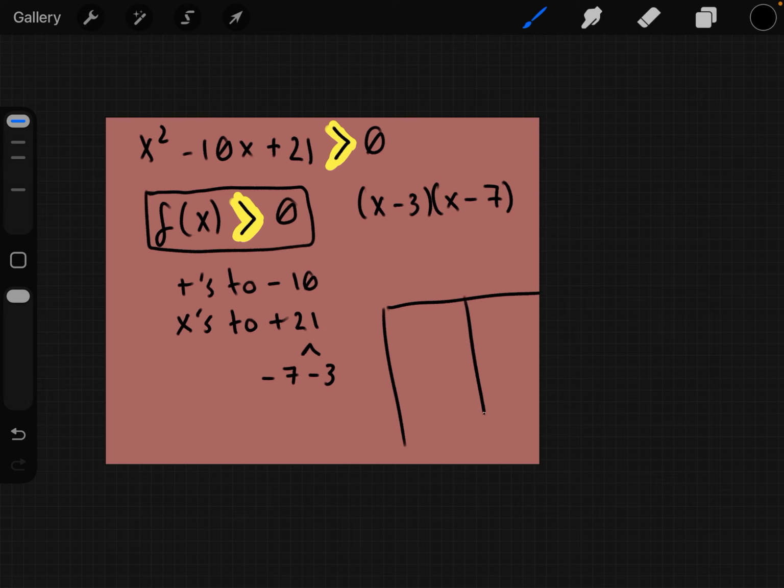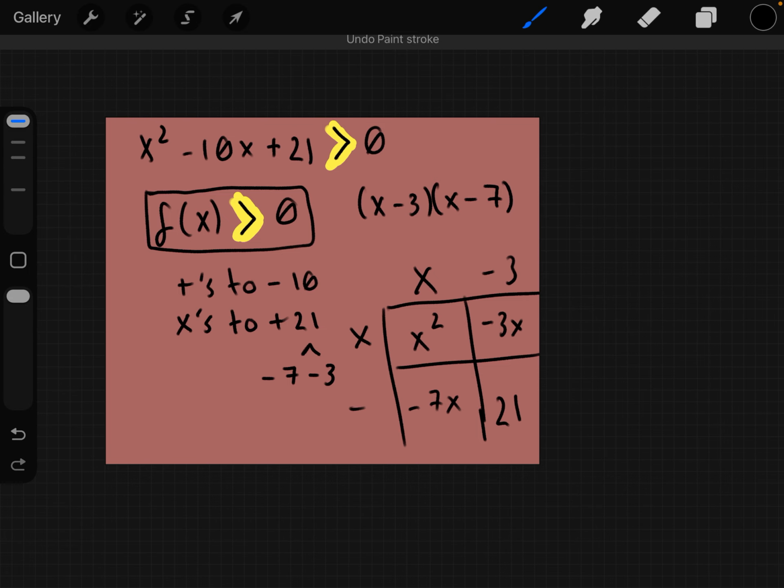It would go this way. We have an x in common. This way we have negative 3 in common. Going this way, we have an x in common, and going this way, we have negative 7 in common. We pull out the negative because it is the closest to the line. So, x minus 3, x minus 7.